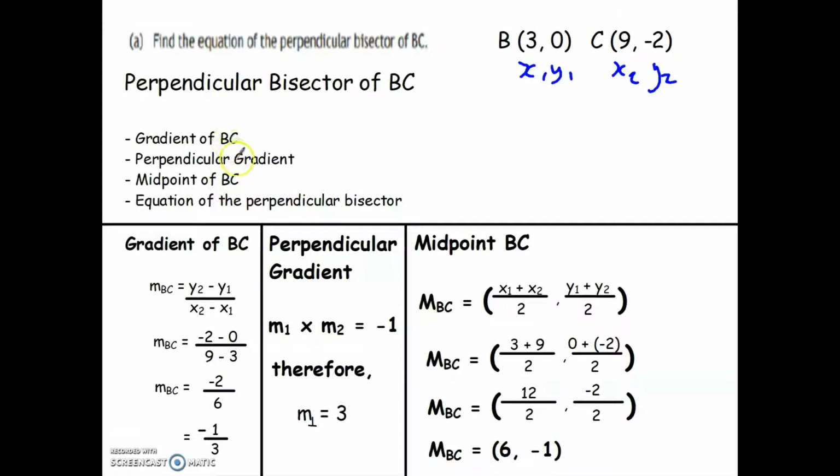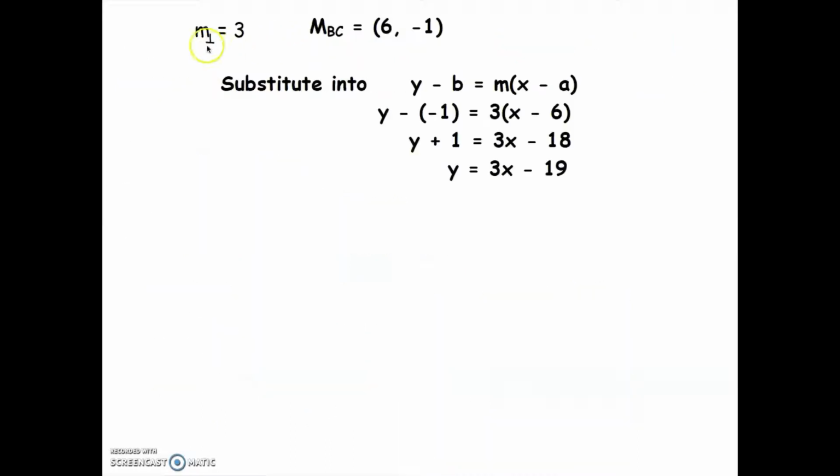So we have got the first 3 points done. We've got the gradient, we've got the perpendicular gradient, and we've got the midpoint. So now we can get the equation of the perpendicular bisector. And that's what I'm going to do in the next slide. So we take our perpendicular gradient 3, we take our midpoint 6, negative 1, and we substitute it into y minus b equals m(x minus a). Now when I'm doing the substitution, I like to put it all in first.